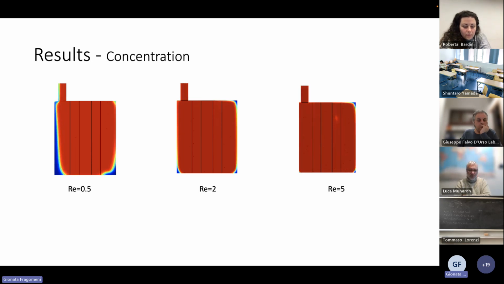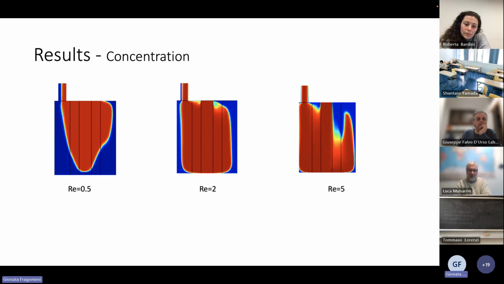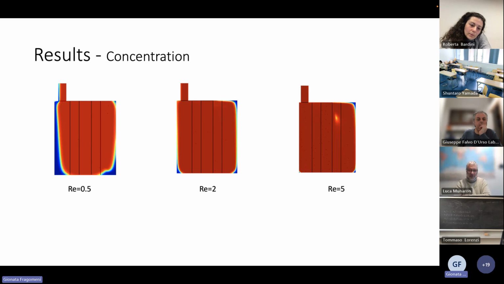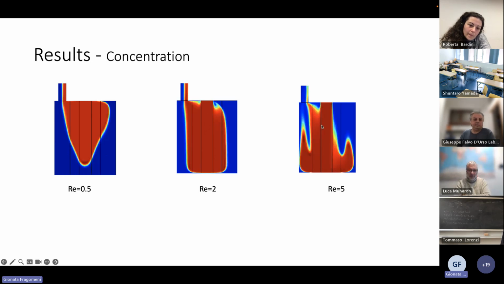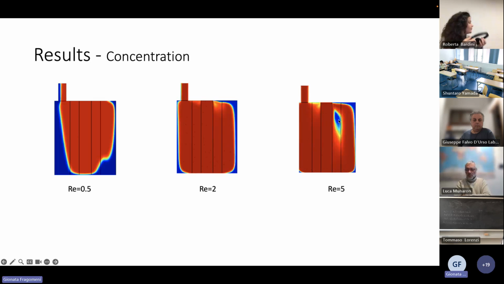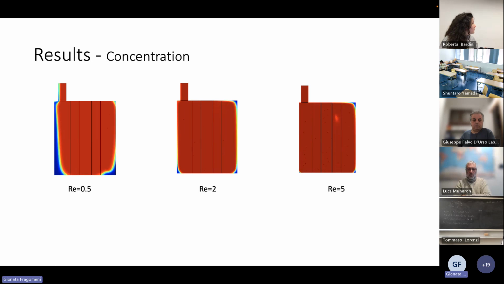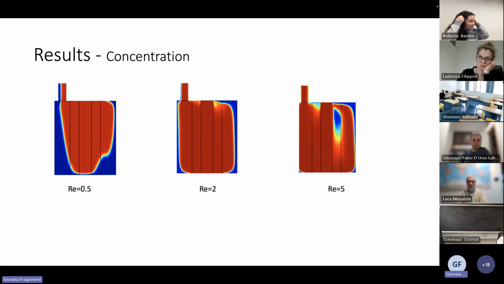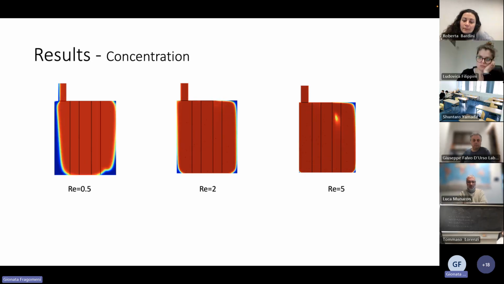For the central case, we have a uniform radial flux distribution. In the last case, at the higher Reynolds number, we have a very low oxygen concentration in the central zone of the scaffold.